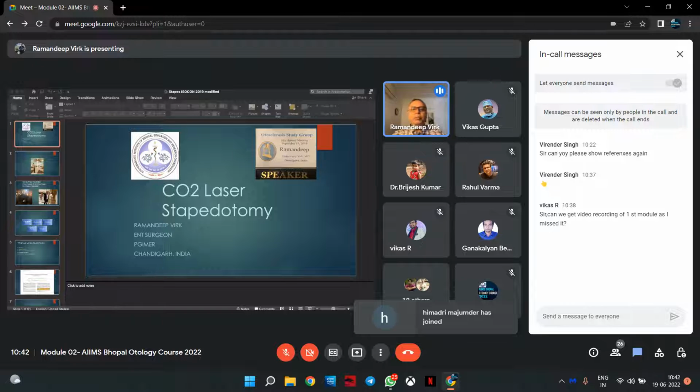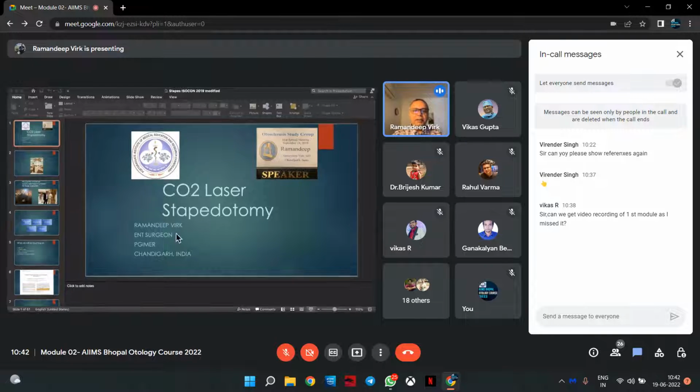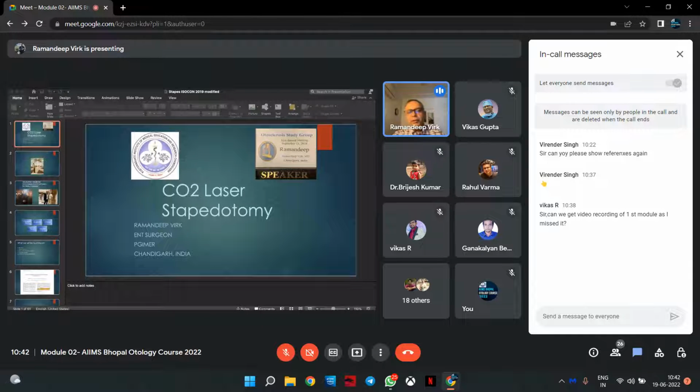My journey would not be complete without these two people. On the left is Professor Arjun Das. He was my mentor and guide, my boss while I was doing my senior residency, and he was the first person who gave me a stapedotomy to do.